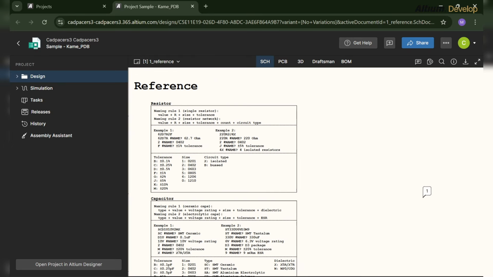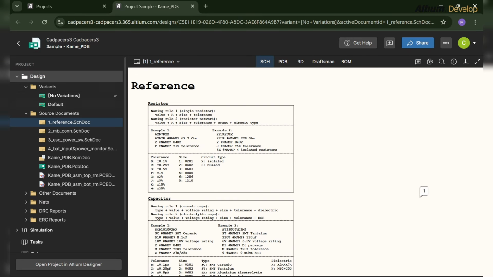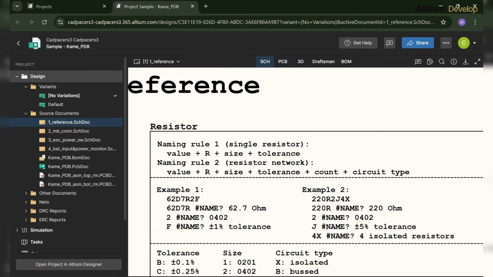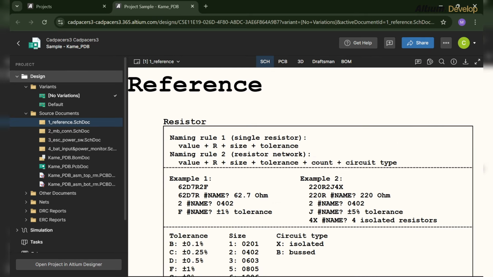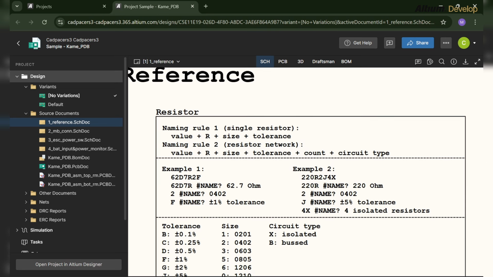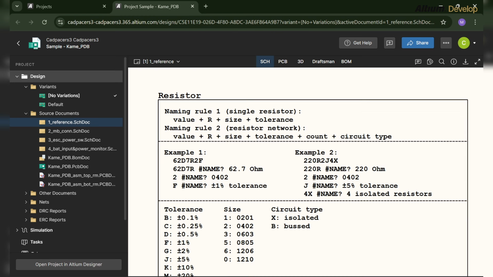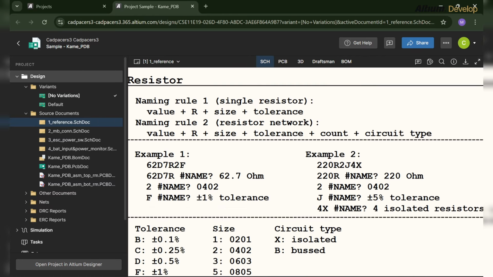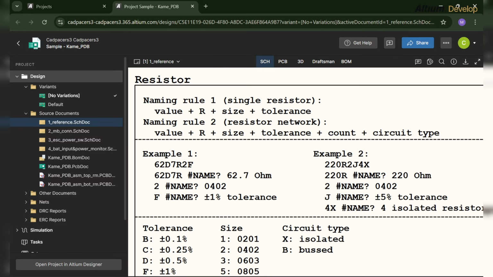Here on the first page, when he opens it, he will see these references and get an idea of the resistor naming rules, naming rule 1, naming rule 2. It's written over here, with an example, that this convention will be used throughout the schematics. Different schematic docs are added in this project.